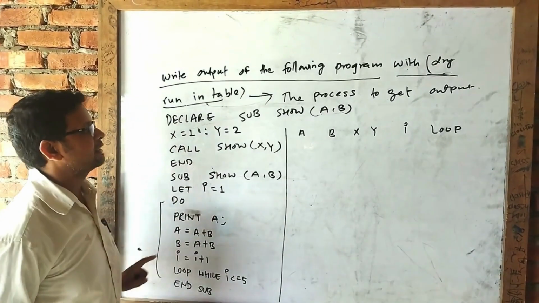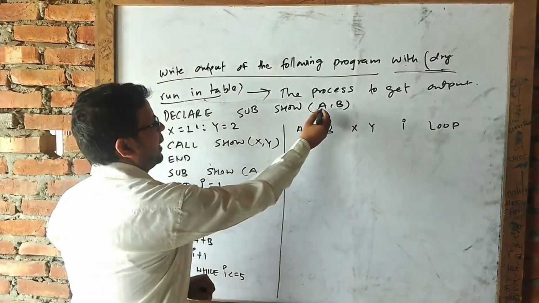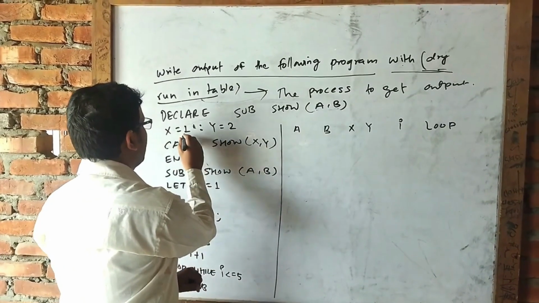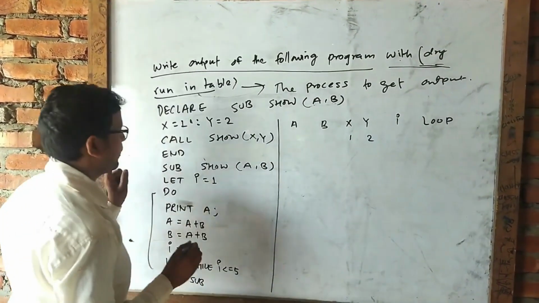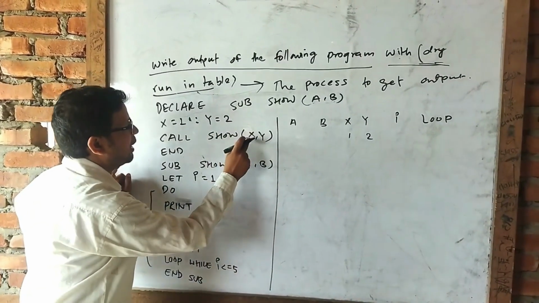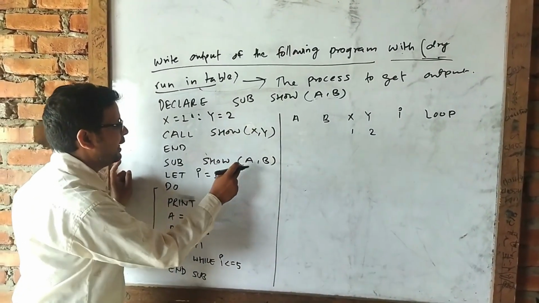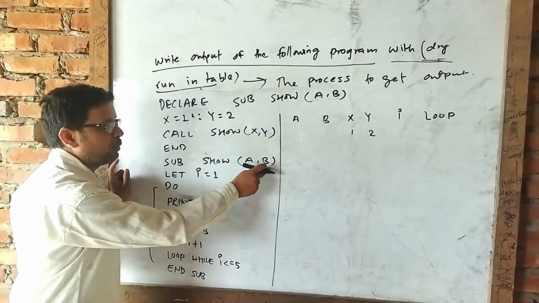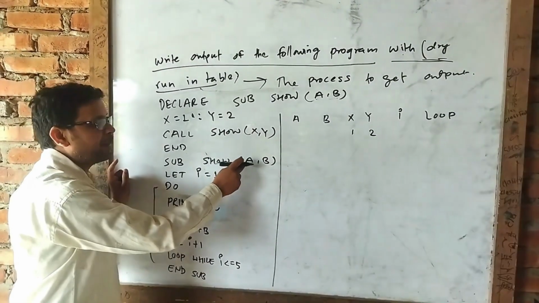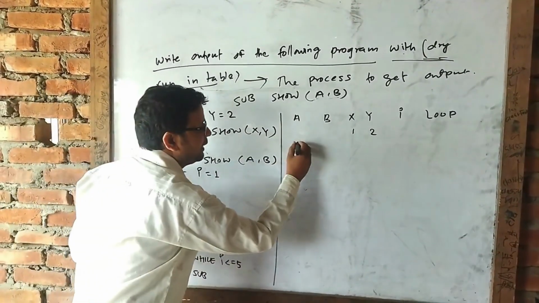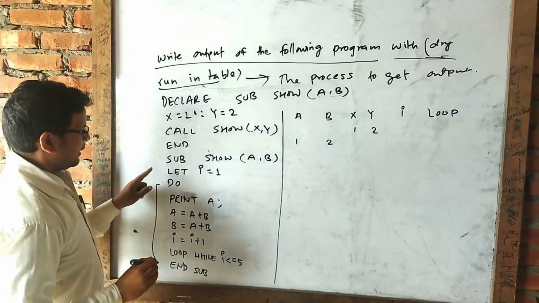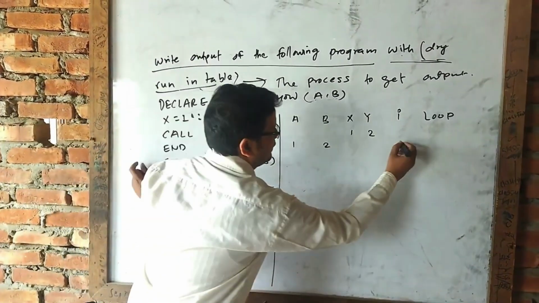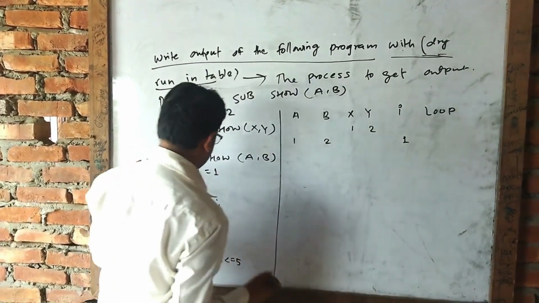So the values of A and B are not there, but the values of X and Y are 1 and 2. You can write 1 in the table. Now when you pass the values 1 and 2 in the call, the values are passed to A and B, so A and B are also 1 and 2. Then in the next step you can write A and B as 2. Now I is 1, so you can write 1.